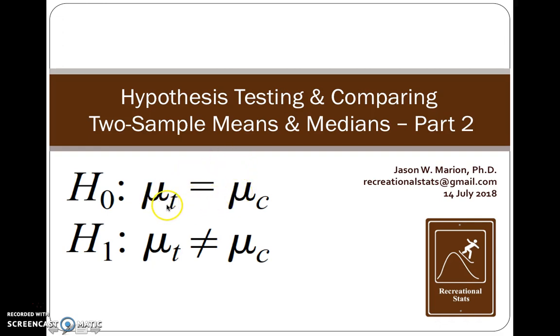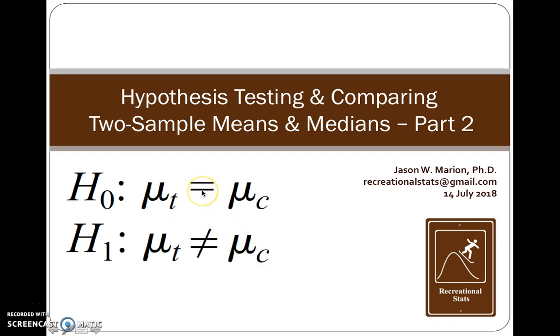So the mean of maybe sample T is equal to the mean of sample C, or the mean of population T is equal to the mean of population C. The null hypothesis says that it's equal. There's an equivalency here. Whereas an alternate hypothesis is you saying that there is a difference, that they are not equal, that there's something about the mean of T that makes it different from the mean of C.